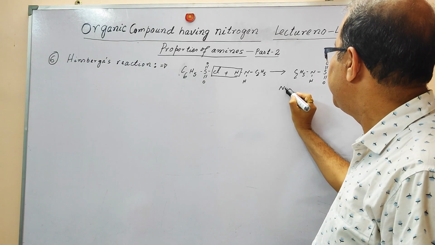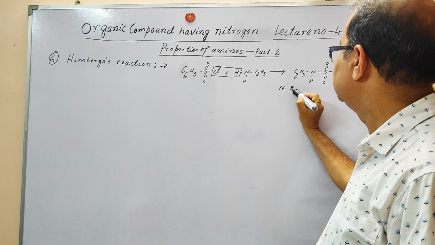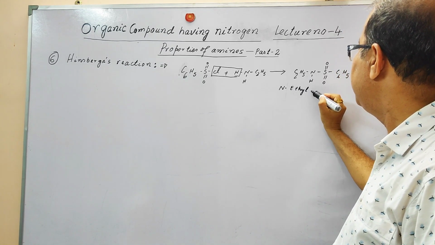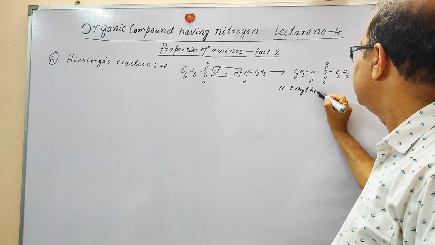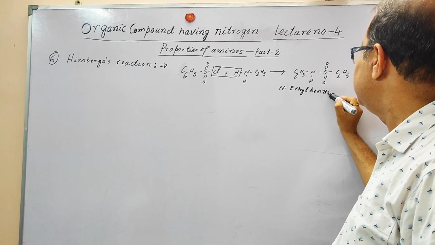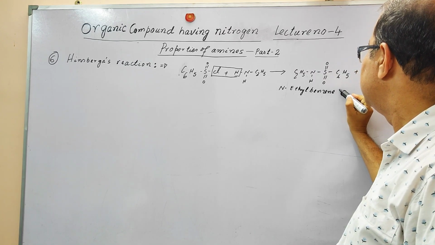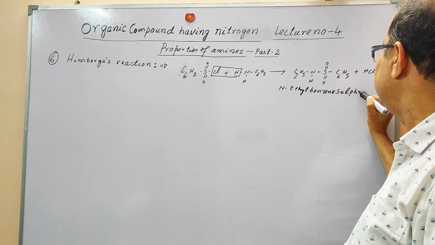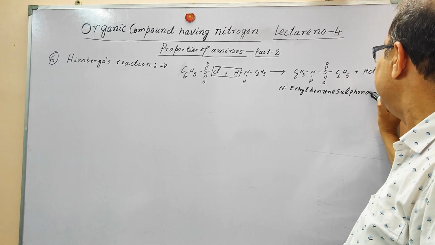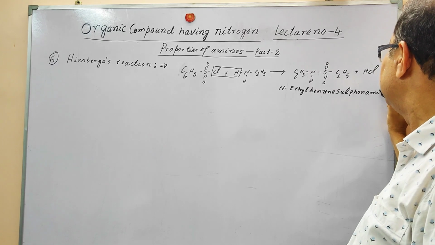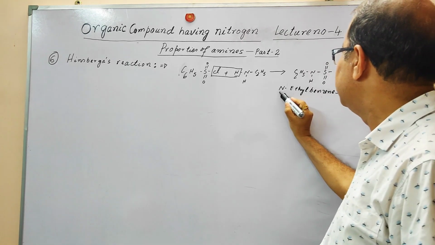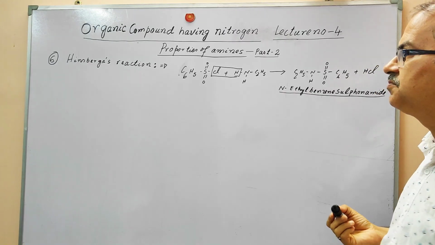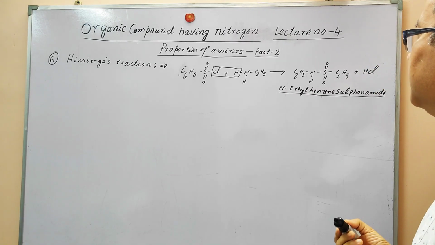This is called N-ethyl benzene sulfonamide. This product has been produced from the Hinsberg reaction.